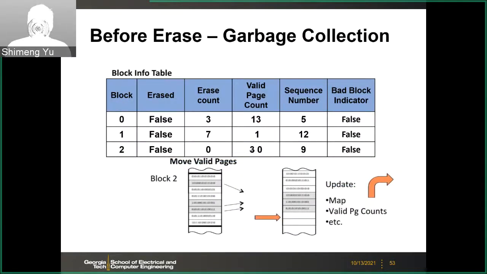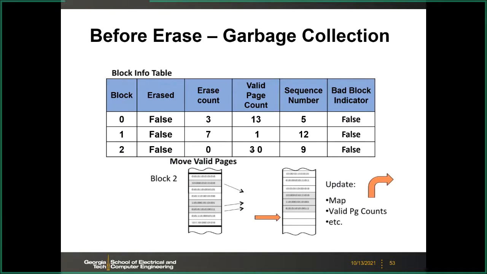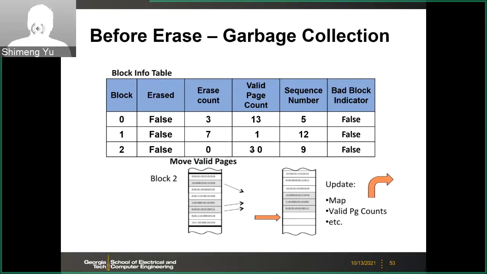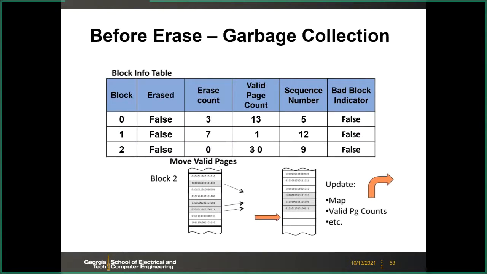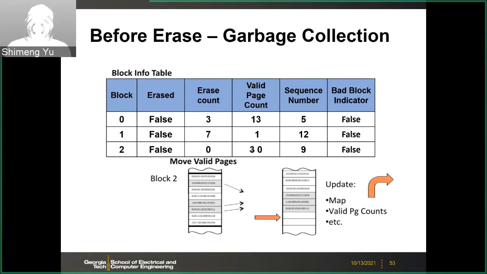Here, let's talk about the erase. If one block, after you move around all the data, may not have enough valid pages. For example, here block 2 only has 3 valid pages.